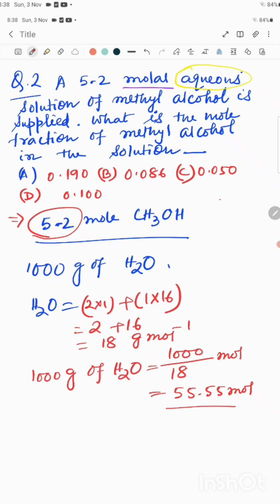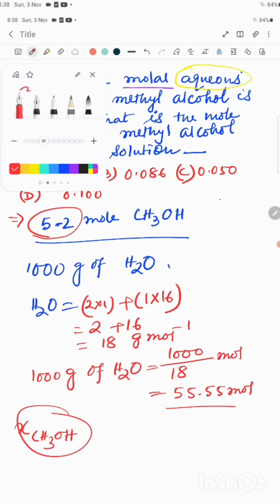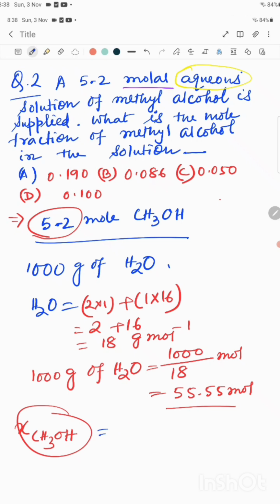We have to calculate the mole fraction of methyl alcohol. If we represent it as X, then what is the formula? It means the number of mole of methyl alcohol by total mole, that is nCH3OH plus nH2O.